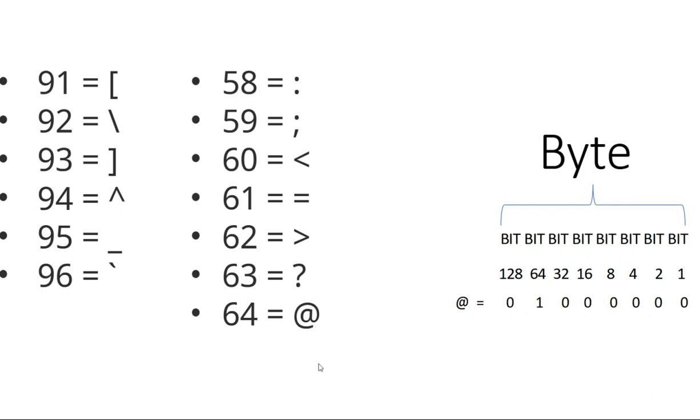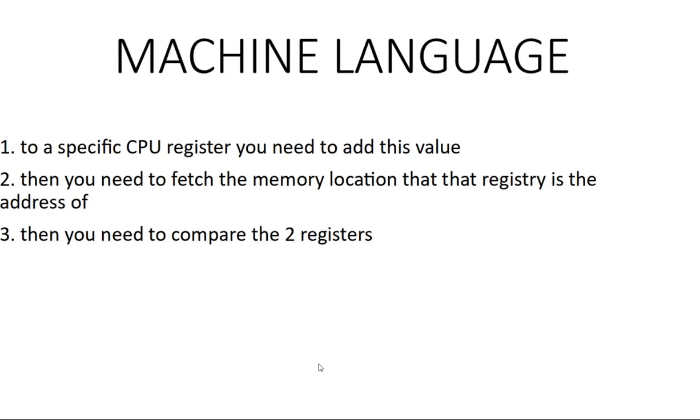The computer understands a specific language, which is machine language, which is talking to the CPU, right? And it's instructions to the CPU. It's telling a specific CPU register, you need to add this value. Then it says you need to fetch the memory location that register is the address of.